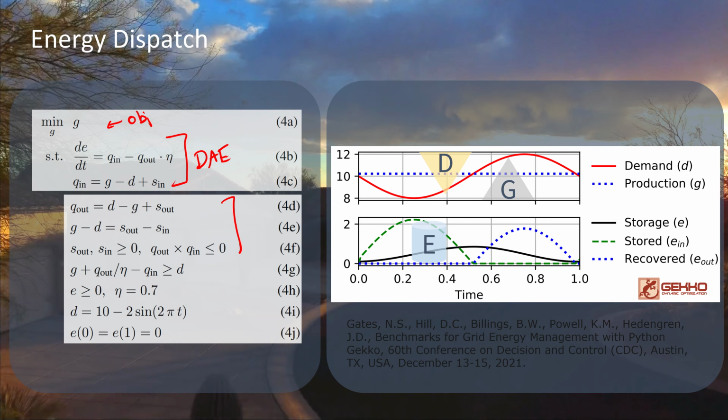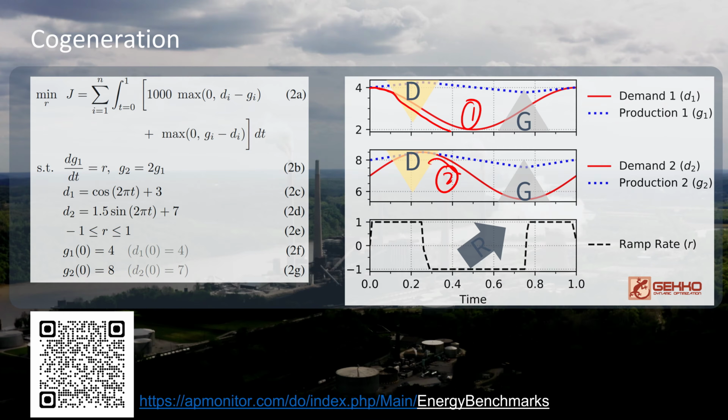So you have certain demands, not just one demand in this case. You're going to have the first one and then a second one as well. And the ramp rate is controlled to be able to meet both demands. So this is a very simple application of Gekko, and it shows some of the capabilities of being able to solve these types of problems.